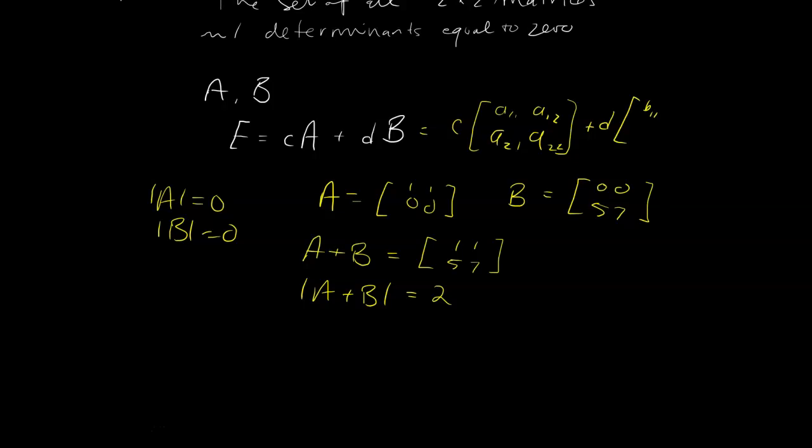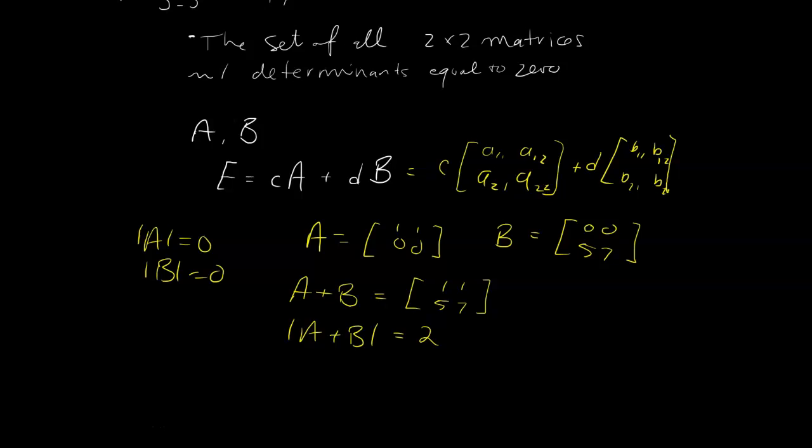So for this one, you would add them up and then take the determinants in that order, and you will end up not having it equal to 0. All right, so this is not a vector space. And the way I use it is that closure property, which is really properties 1 and 2 of the definition. All right, there we go.